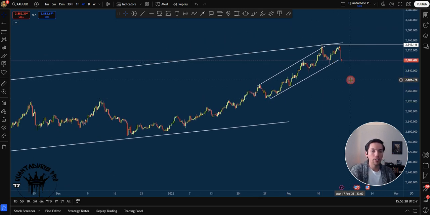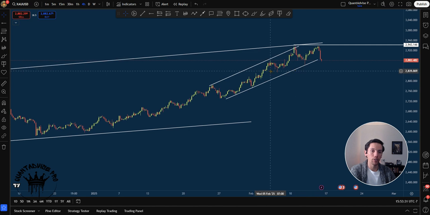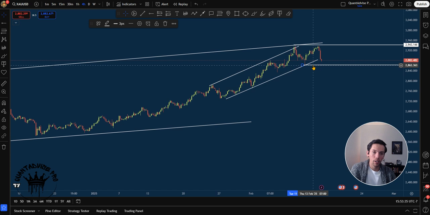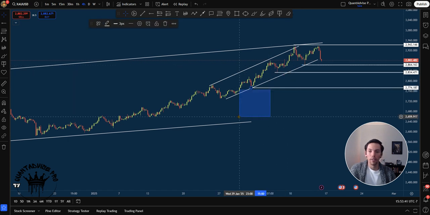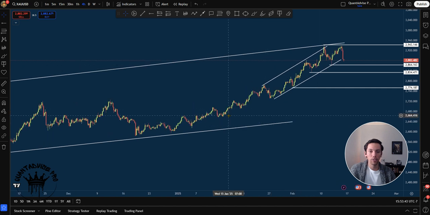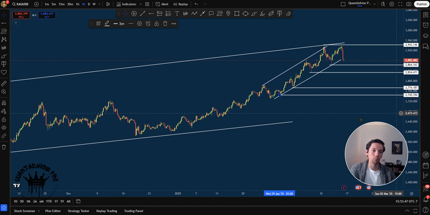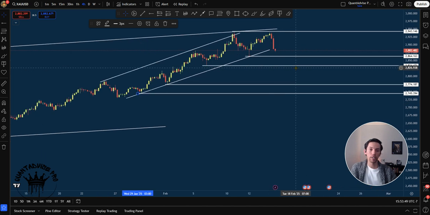Besides that, there are other areas of interest I'm going to keep in my mind, like this here, this one here, and then some other areas the further down we go. So there are some points of interest for targets.